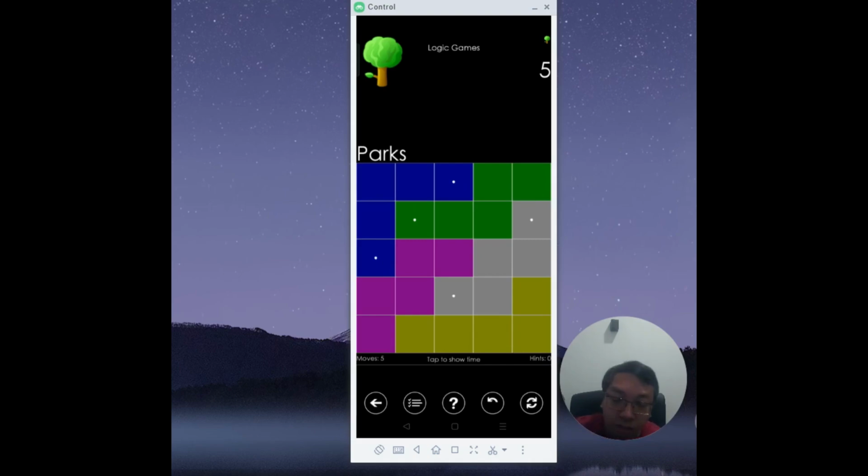Okay, I have another one. This is very difficult, actually. There will be no tree on the fourth row and fourth column here. Why? Because the only available place to put a tree on the yellow bar is on the second column, and it will make no available space for magenta.